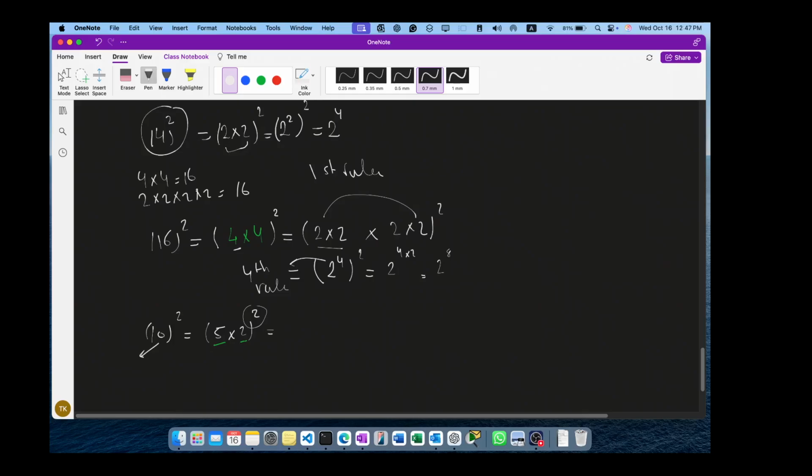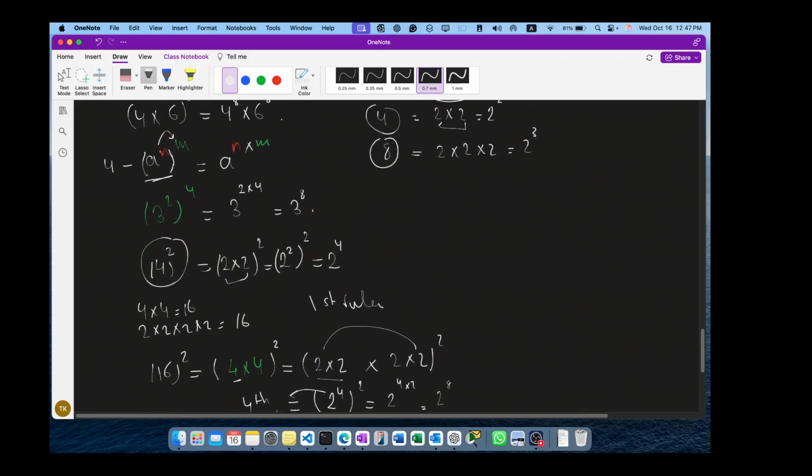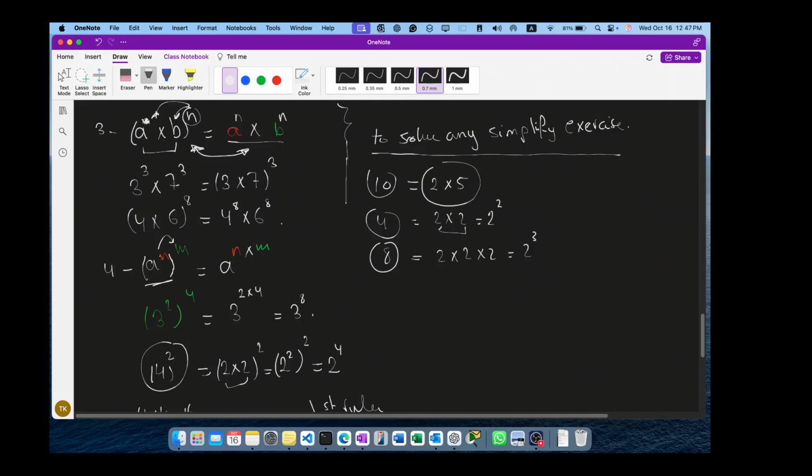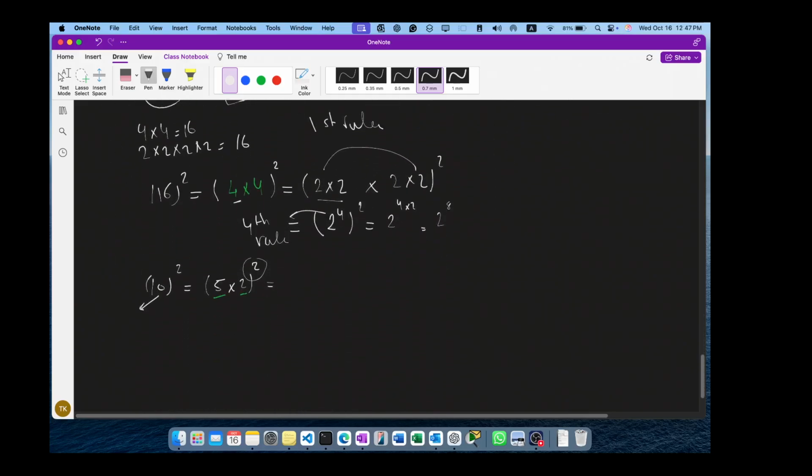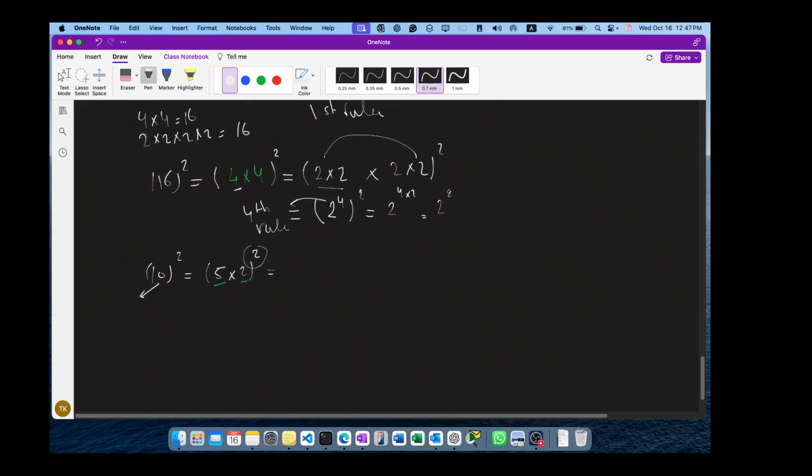I can do it as the third rule here. I have 5 times 2 here, and I can expand it, right? As we said, 5 times 2 times 2 times 2. 5 times 2 to the power 2, 25 times 4. The answer, 25 times 4, equals 100.